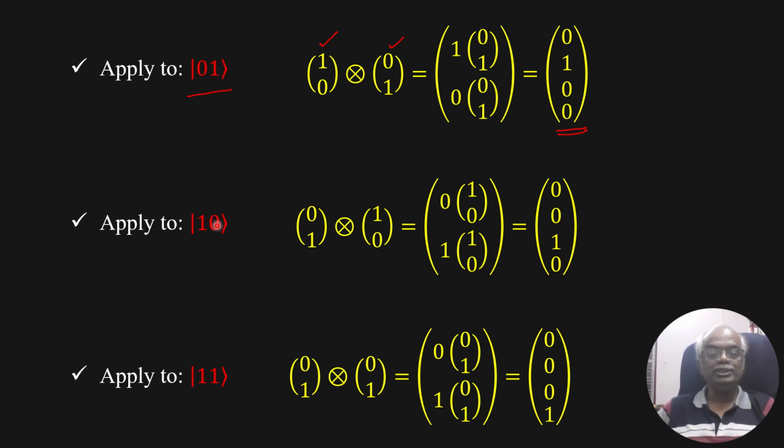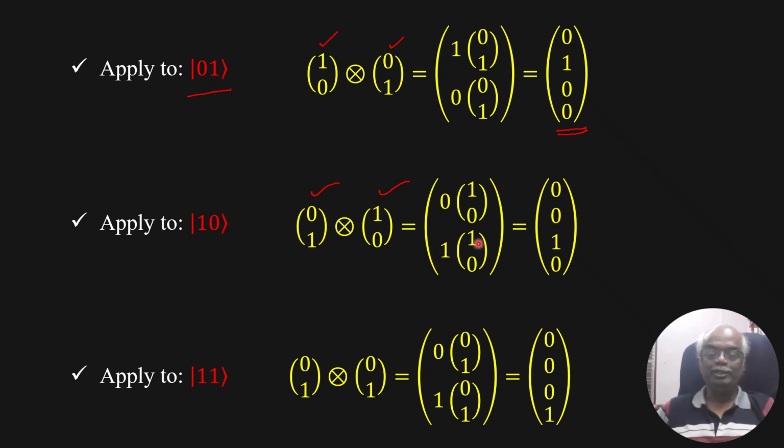Similarly, for |10>. We know |1> is the column matrix (0, 1), and |0> is (1, 0). Now you take the tensor product of these two. The first entry is 0, so both terms become 0.